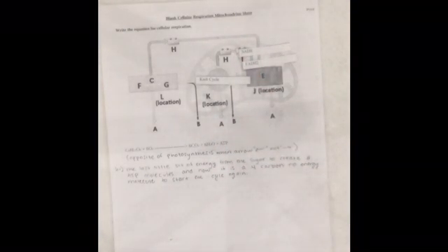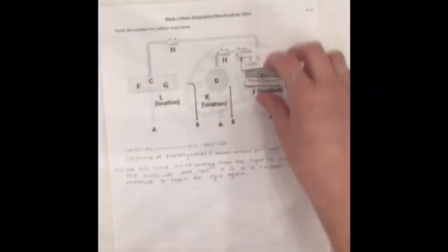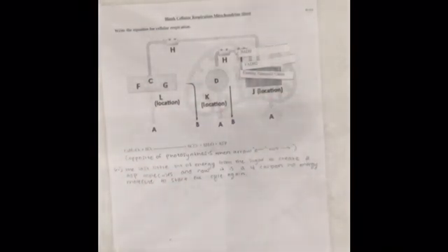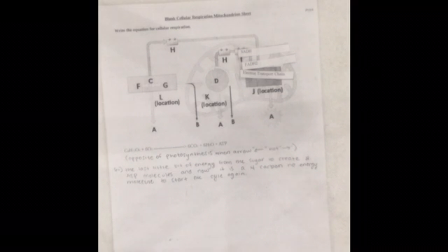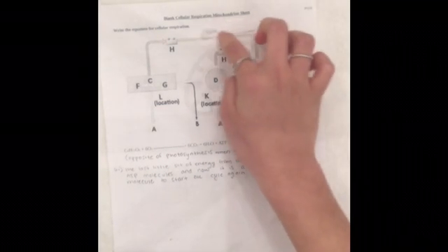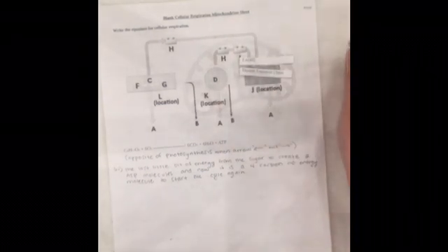And so now we've hit the final stage, the electron transport chain, which is here. After the Krebs cycle, the NADH that you got loses its electrons, and so they separate and become NAD, and they leave.